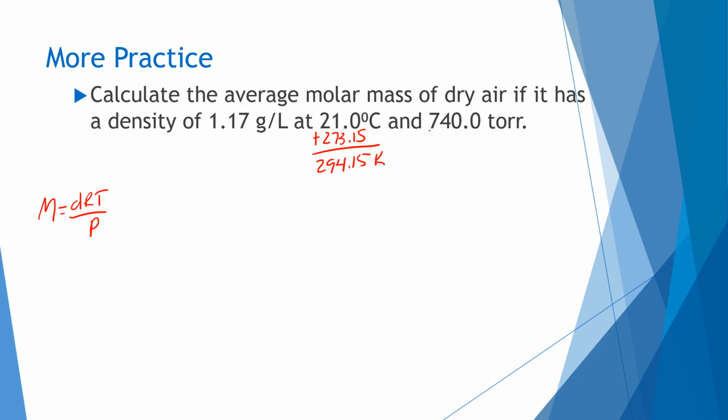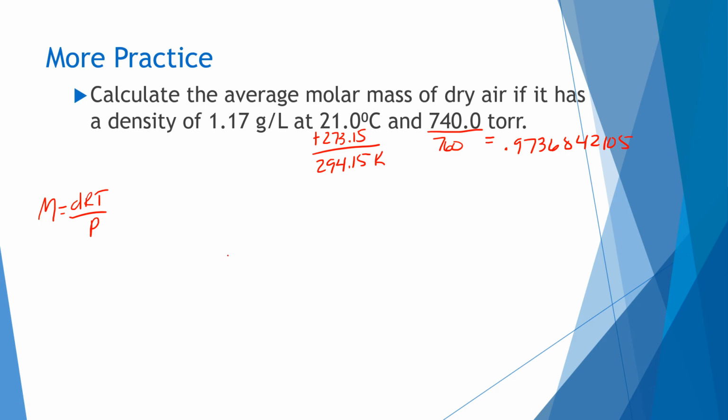Our torr needs to be in ATM, so we're going to divide that by 760, and that actually ends up getting me 0.9736842105.